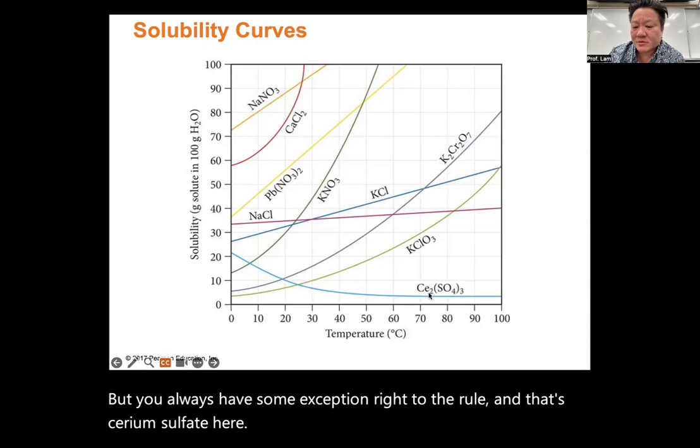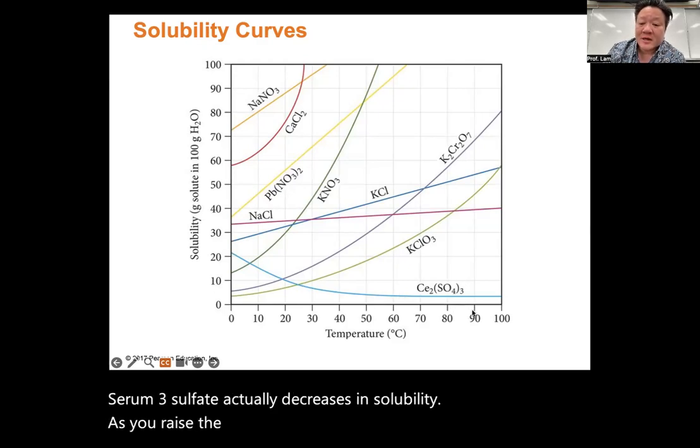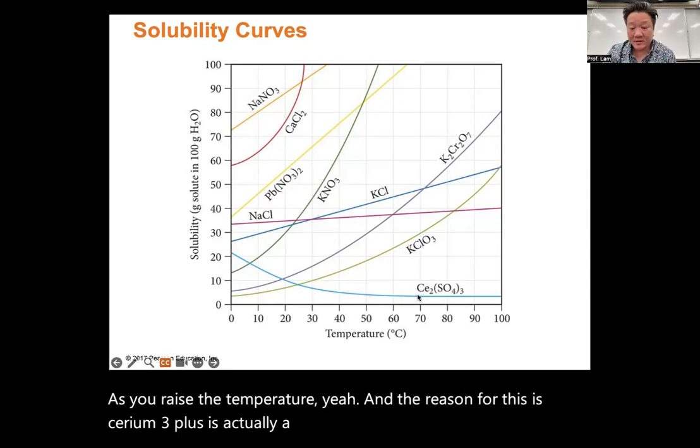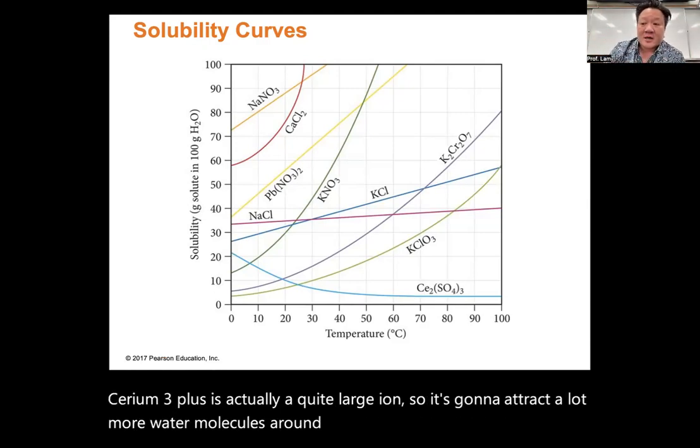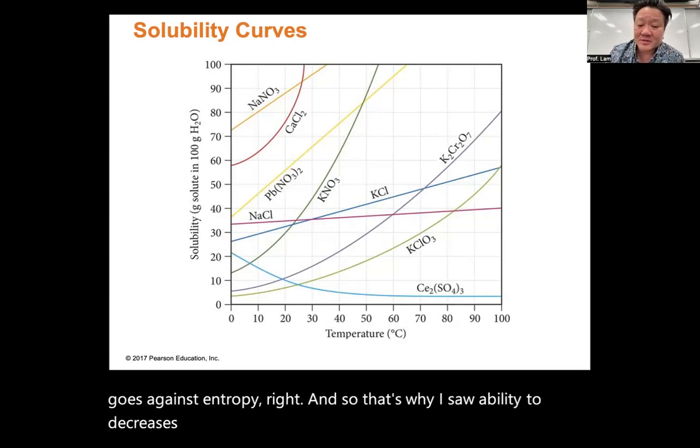Cerium(III) sulfate actually decreases in solubility as you raise the temperature. The reason for this is that Ce3+ is a quite large ion, so it's going to attract a lot more water molecules around it when it's in solution. So it actually goes against entropy, and that's why solubility decreases as you increase temperature.